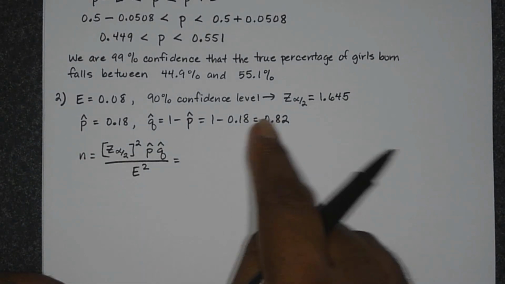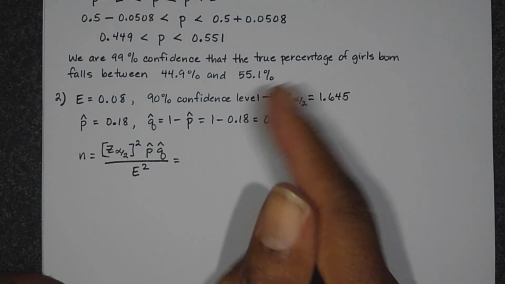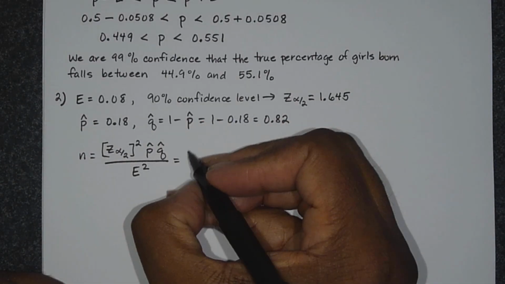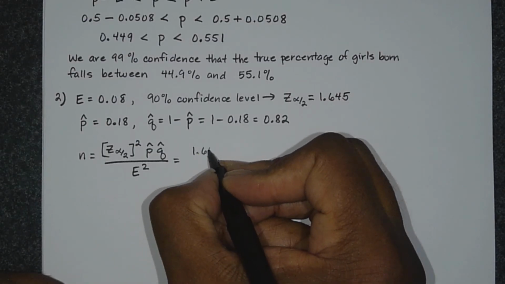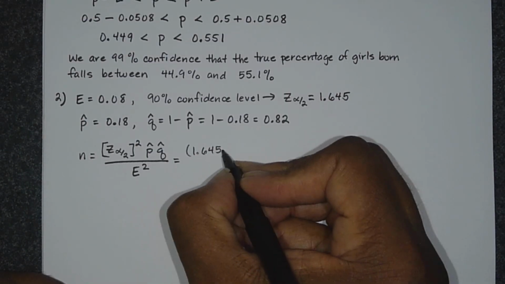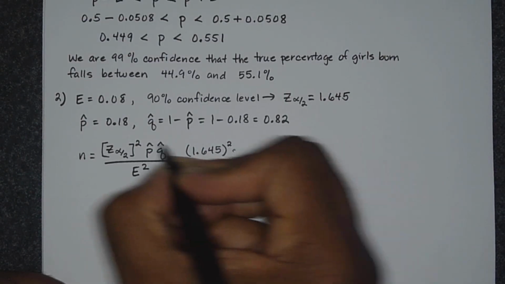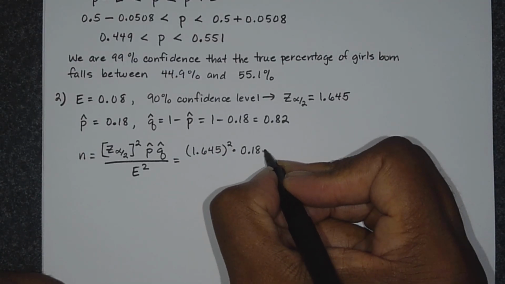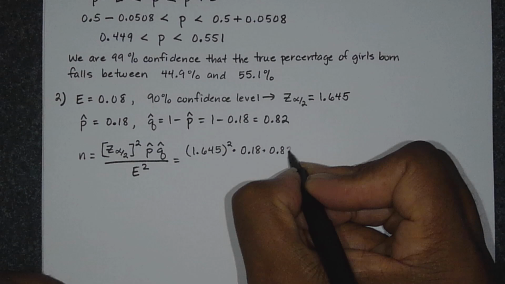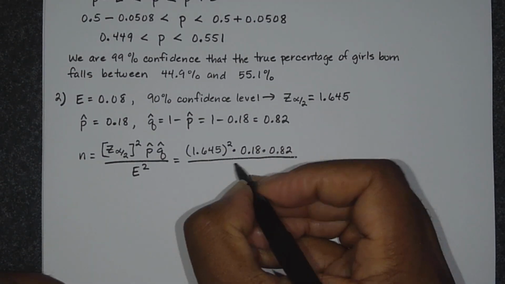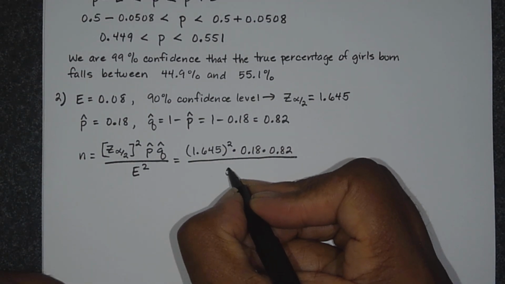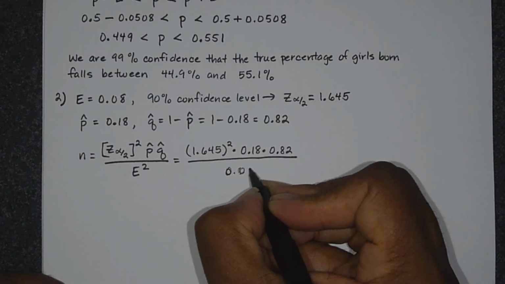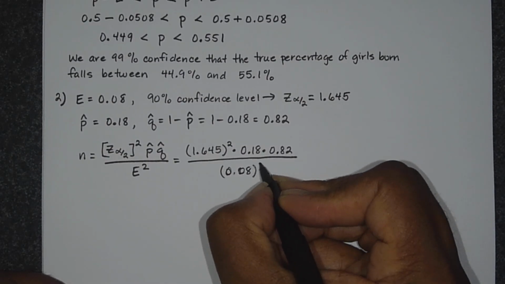Now the z of alpha over 2, that's our critical z value, which is 1.645. That's going to be squared, times p hat, which was 0.18, times q hat, that's 0.82. All that's going to be divided by e, which was 0.08, and that's squared.